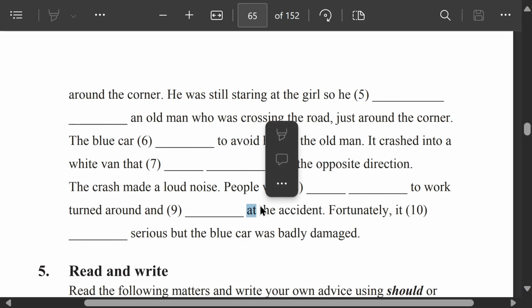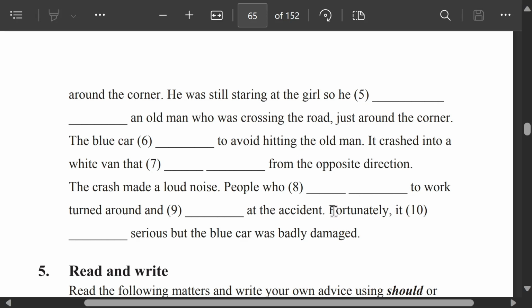If you have at, then you can say look is okay and looked at the accident. It could be not see, but it could also be and stared at the accident. They could also stare, not looking away, staring. So people who were going to work, you see, past continuous, they were doing something. They turned around and stared at the accident, or they turned around and looked at the accident.